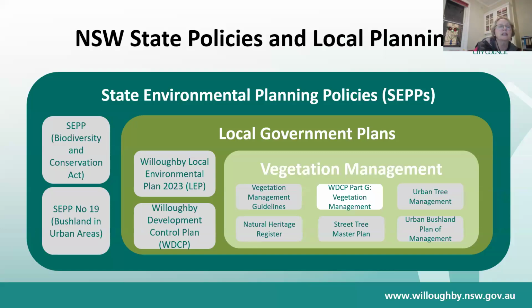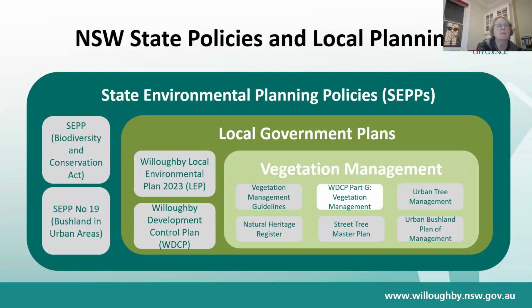The SEP 19, as you can see down there on your screen, is for bushland in urban areas. We're not really going to touch on that because that is a different set of rules altogether. So where do you find this information?